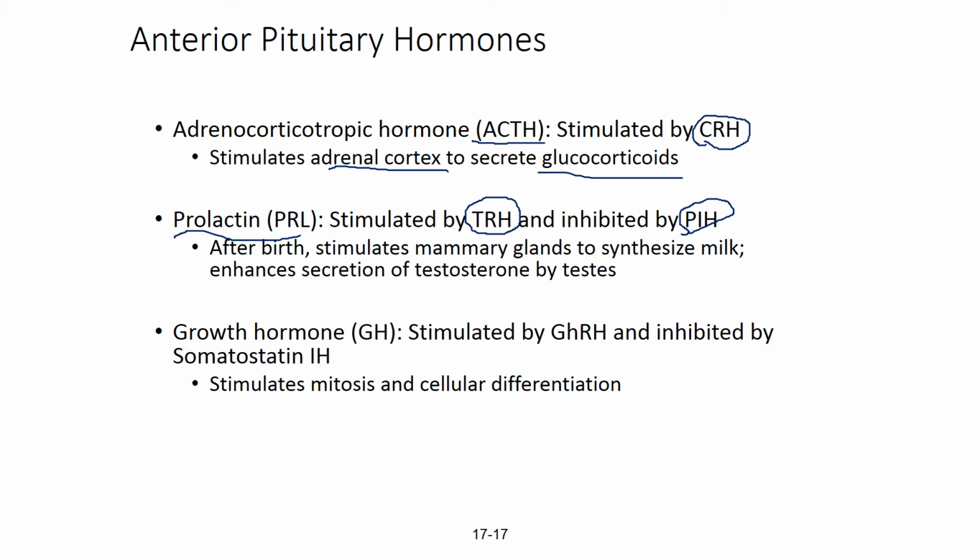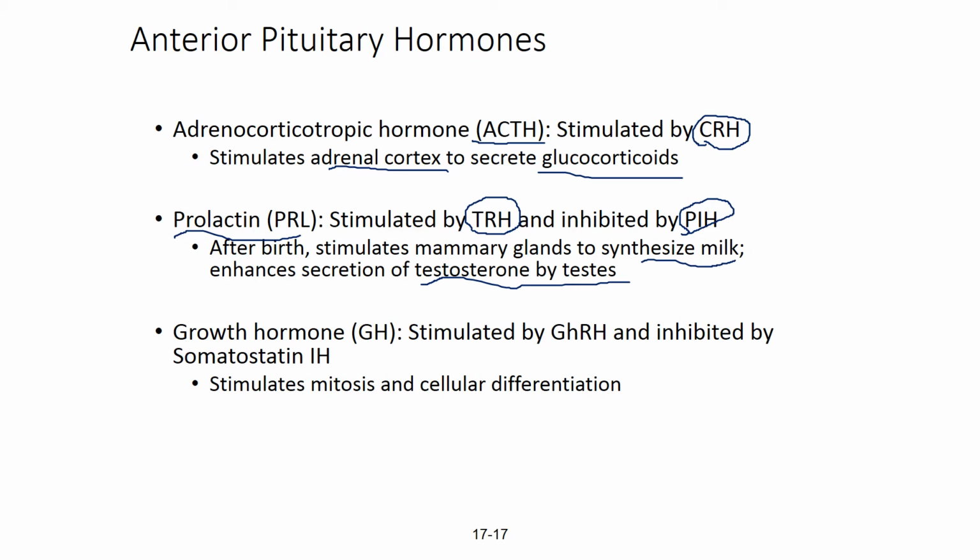What prolactin does, I want you to think in favor of milk production. This encourages the synthesis of milk, not the release of milk, from the mammary glands. For men, there's also prolactin released, and it will enhance the secretion of testosterone by the testes.